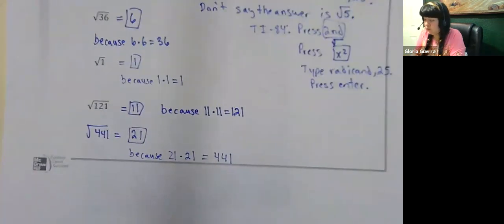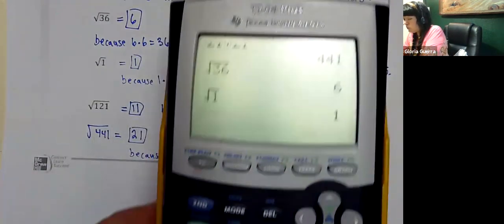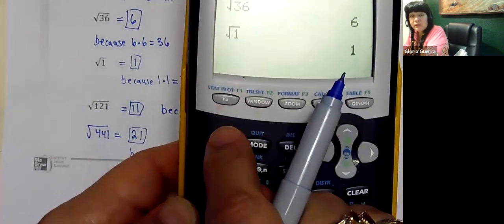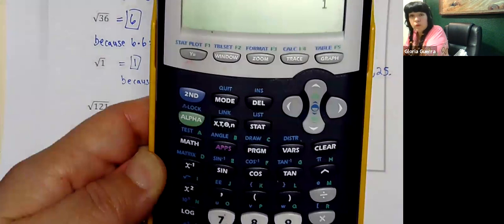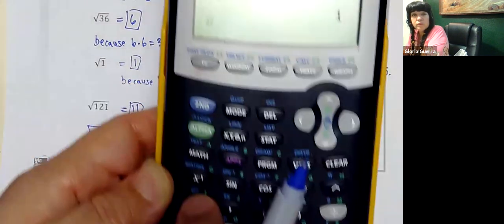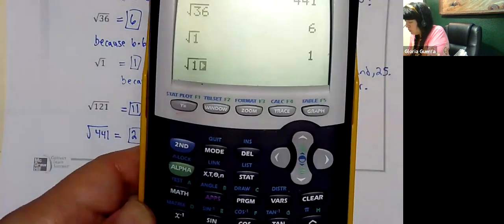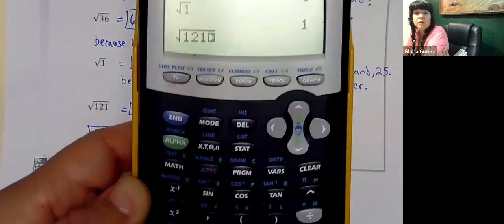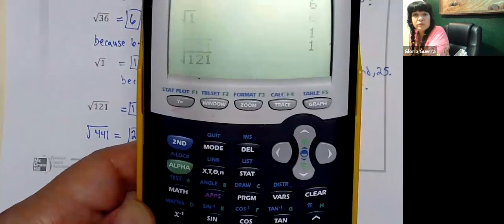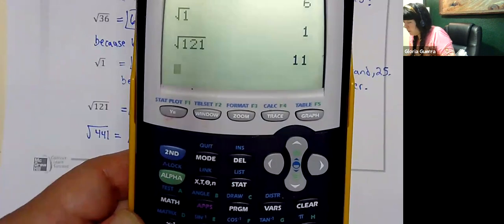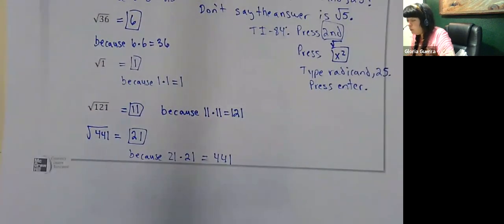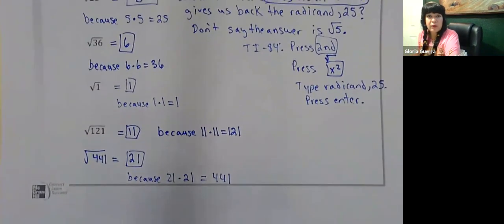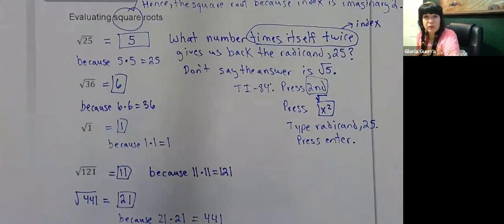If I show that in a calculator, second, square root, 121, enter, that's 11. So on your COREC, this is evaluating square roots, and that means: what number times itself, twice, gives you back that radicand.